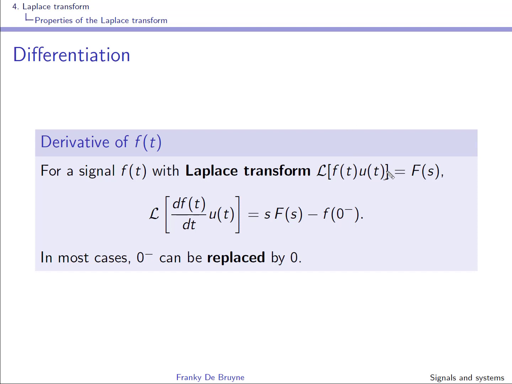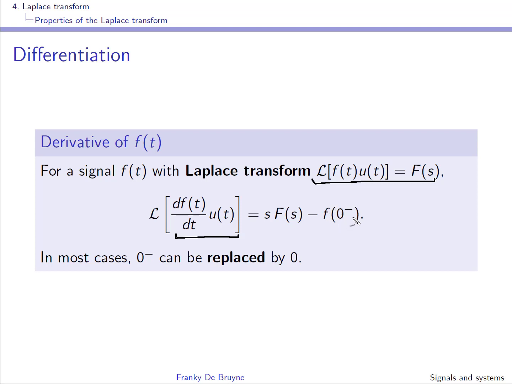So again, we start from the one-sided Laplace transform of the function, and we have F(s) here, and we ask the question, well, what is the Laplace transform of the derivative of this function f(t)? We'll show in the next slide that it is the original Laplace transform times s minus the time function evaluated at 0.